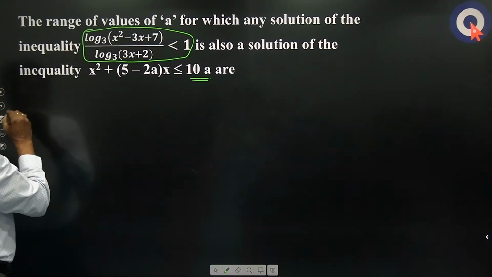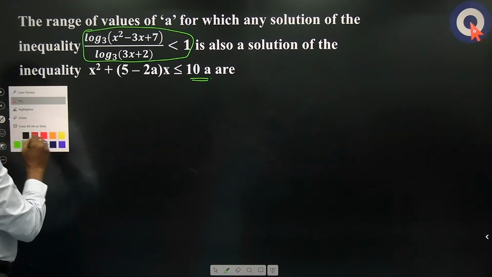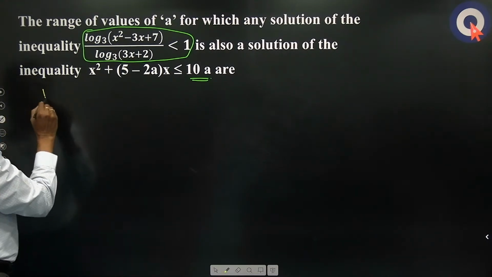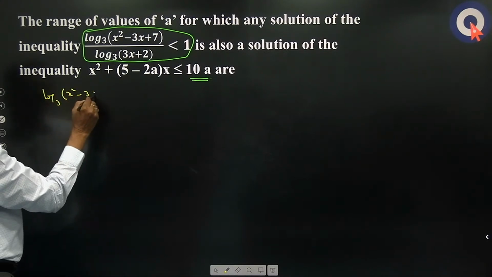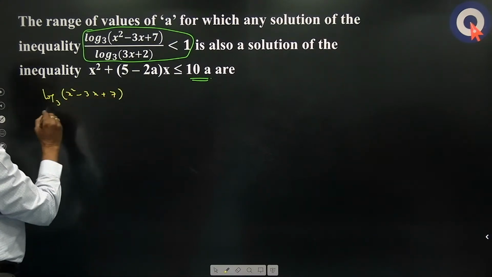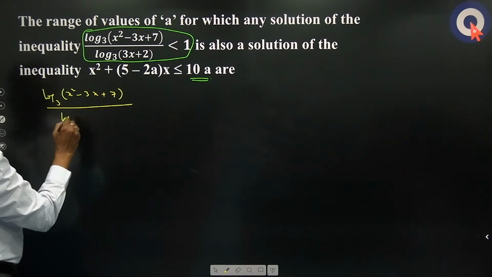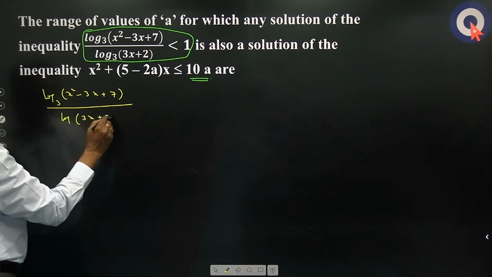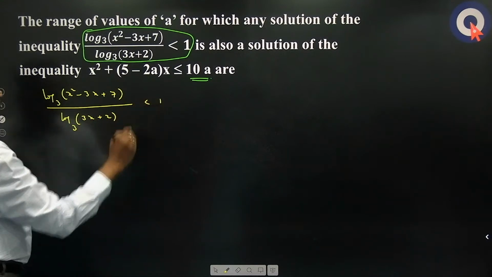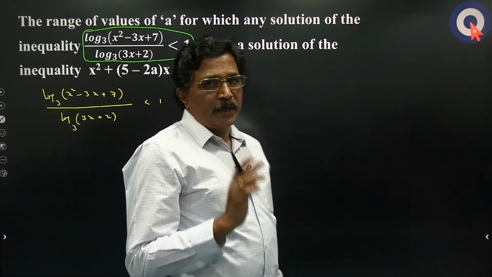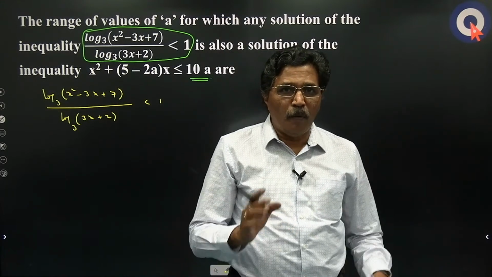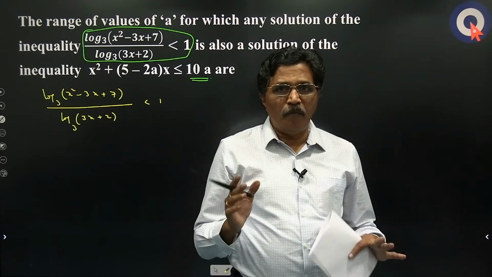This inequality, log of x square minus 3x plus 7 to the base 3 by log of 3x plus 2 to the base 3 is less than 1. So whenever we are solving any equation or inequality, we need to find out the domain of permissible values.